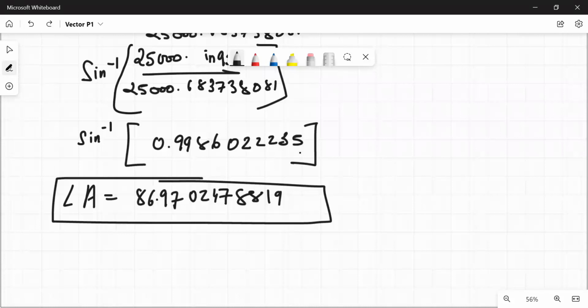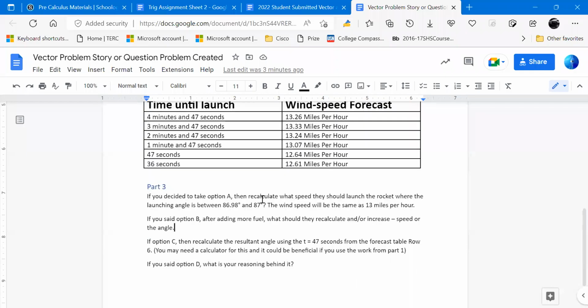So that's that. And if you said option A, then you have to recalculate what speed they should launch the rocket, where the launching angle has to be between 86.98 degrees and 87 degrees. The wind speed will be the same, 13 miles per hour. So of course you are going to use the things that you have done from part 1.